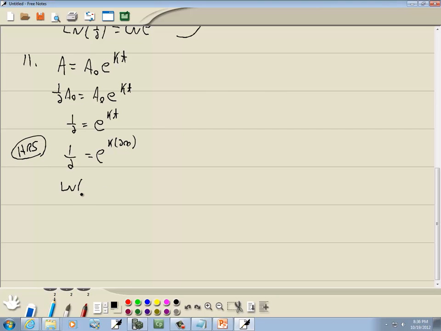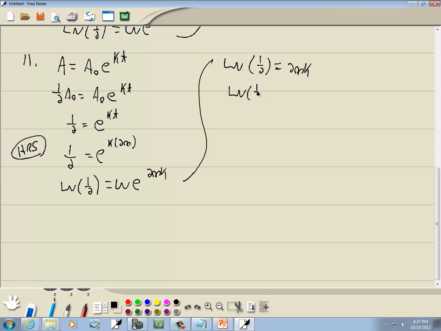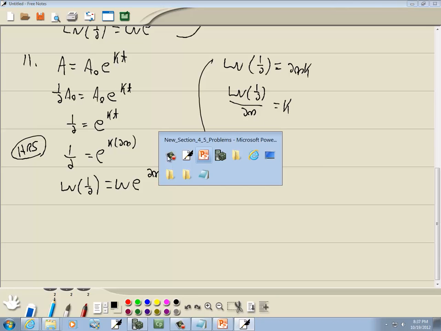Take natural log of both sides. And the natural log of e cancels away, so we got ln of 1/2 is equal to 200k. Now divide both sides by 200. And let's see what our k is.